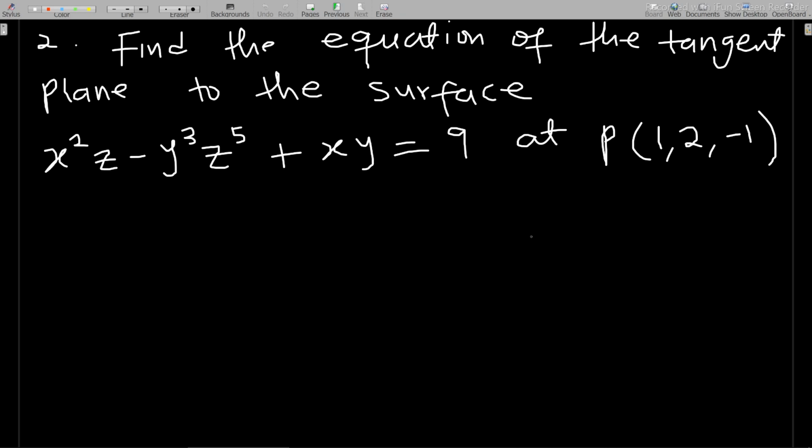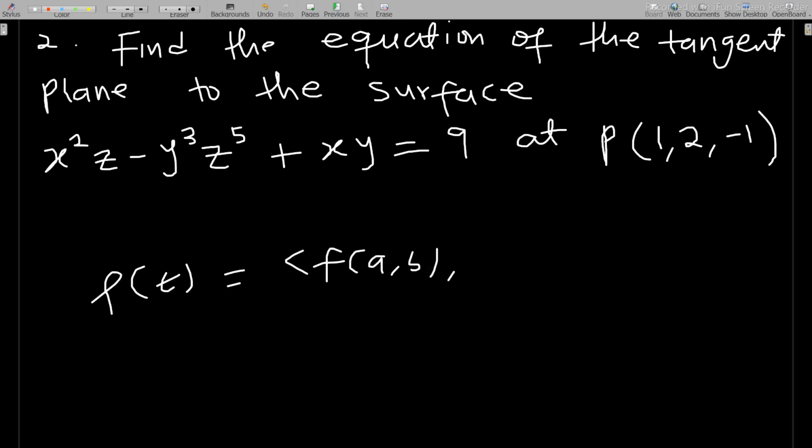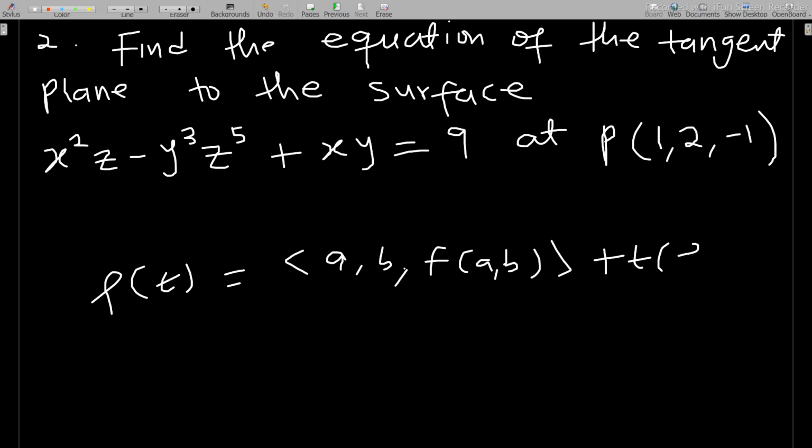That was in a vector form, where we said rho of x, y or rho of t was equal to something like a, b, f of a, b, then plus t times, say, for traces to y, the partial with respect to x and the rest. If you remember, that is it.